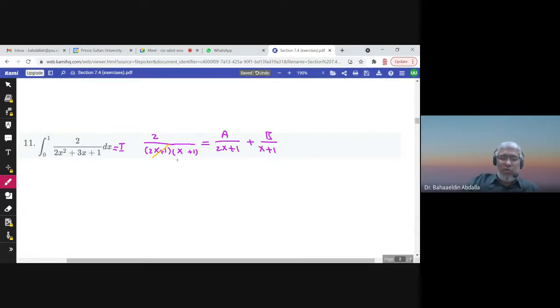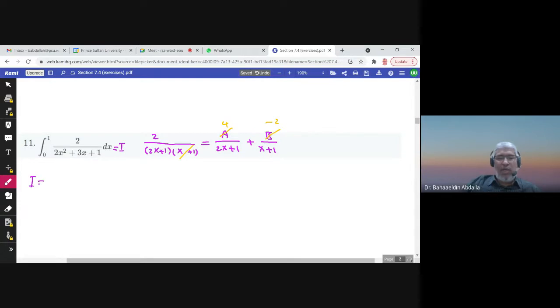Well, 2 over negative half plus 1 is positive half. And 2 over half is 4. So a is 4. Now to find b, I cancel this and I replace x by negative 1. Negative 2 plus 1 is negative 1. 2 over negative 1 is negative 2.